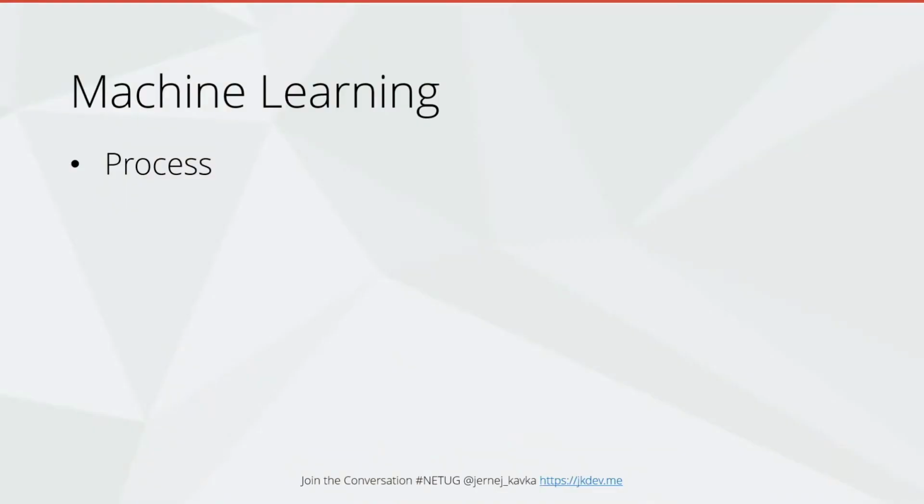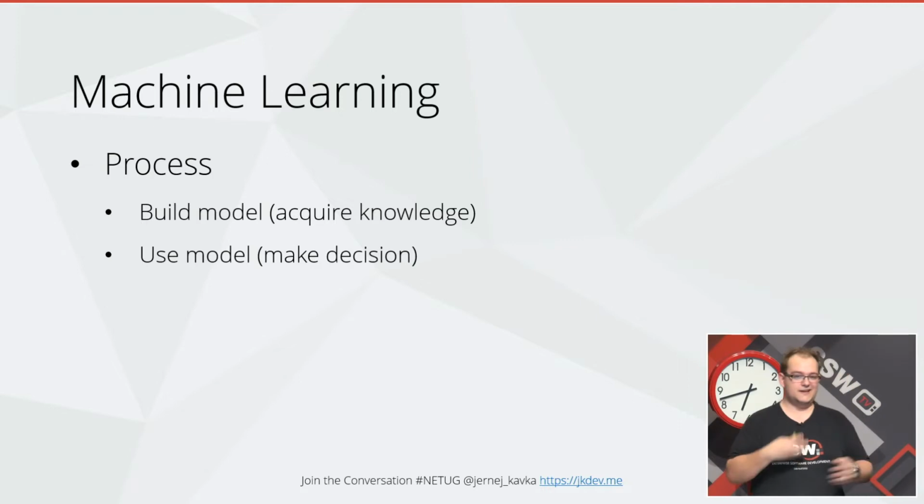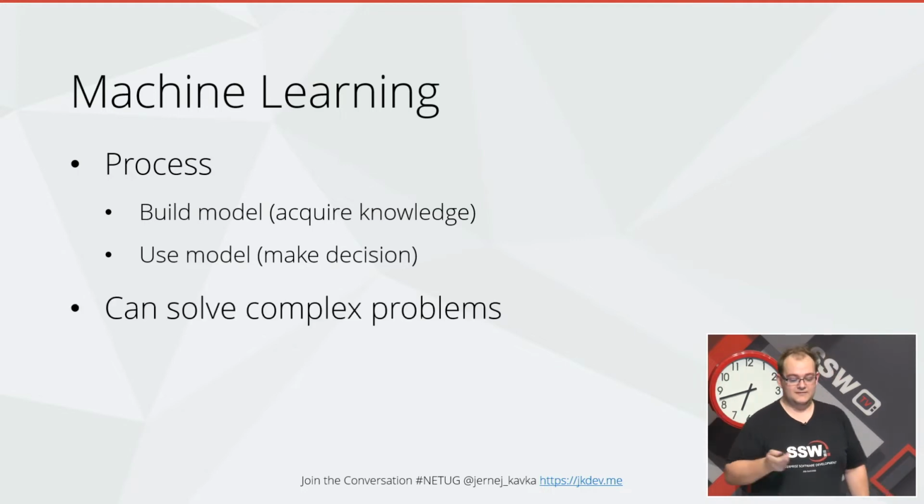Well, machine learning is just a process where we build a model. And you can imagine building a model like acquiring knowledge that we can then later use. And the second step is to actually use that model, which is like making decisions based on the knowledge we gain.